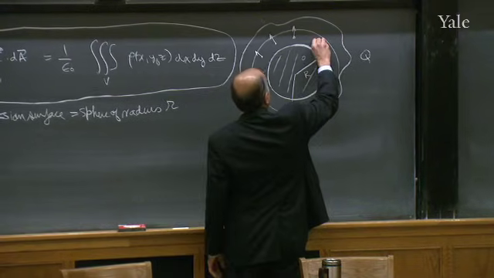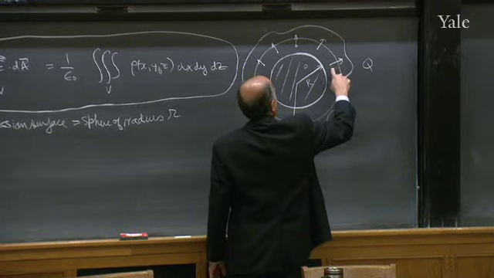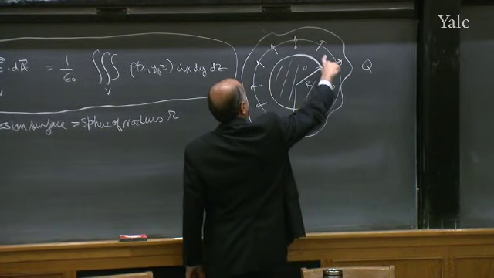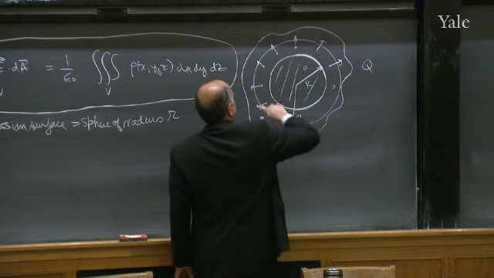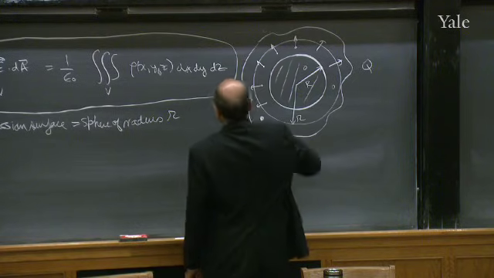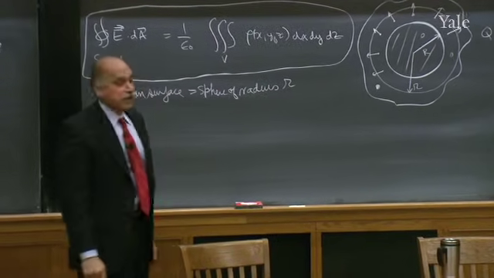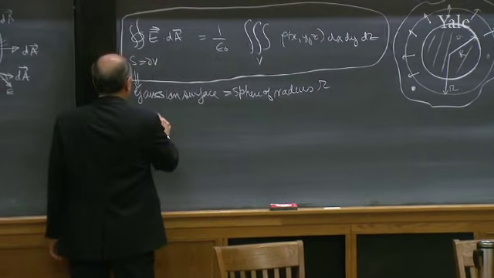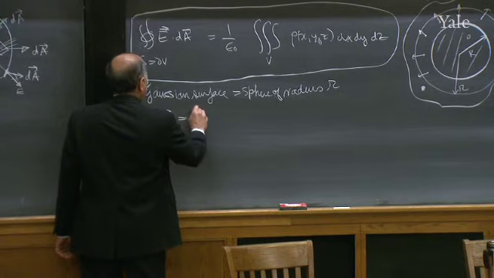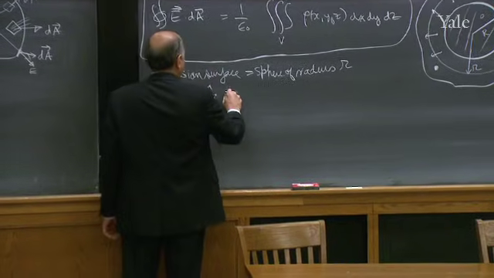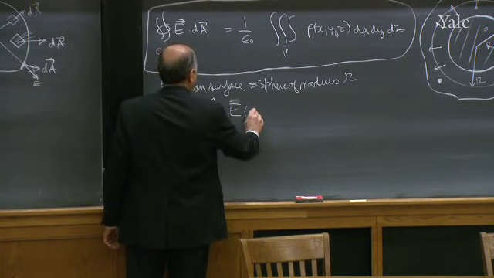Because that distribution then is going to have radial lines of unknown strength, but the strength can vary only with r, but not at a given r. At a given r, the direction varies, but the strength is some E of r. We're asking what is E of r. So we know that E looks like r hat, which is the unit vector in the radial direction, times E of r.